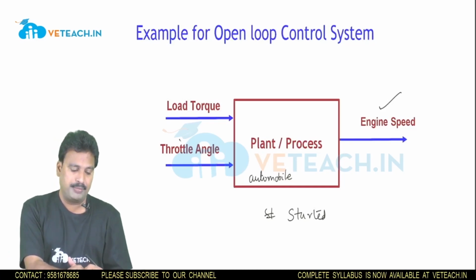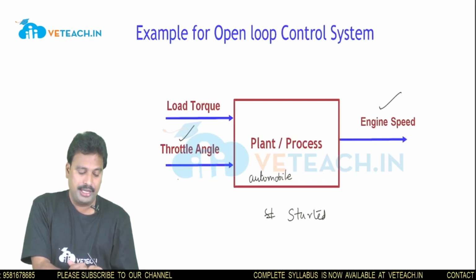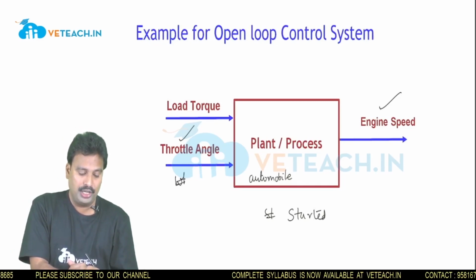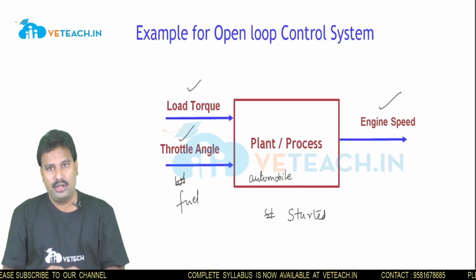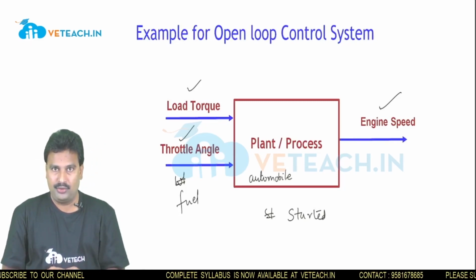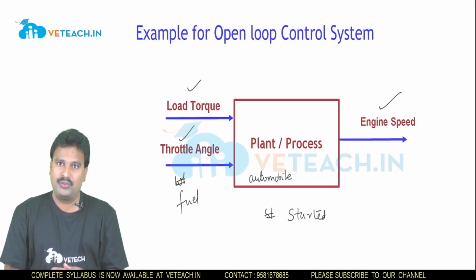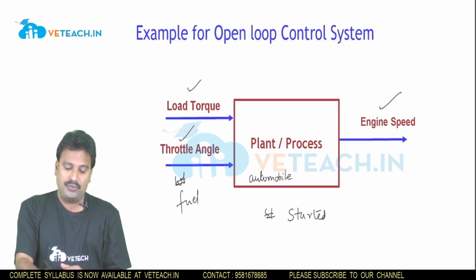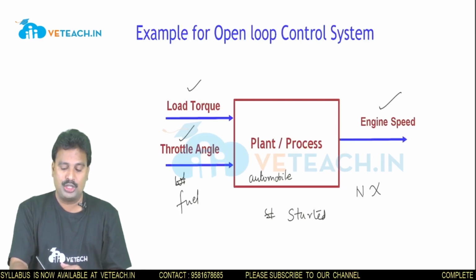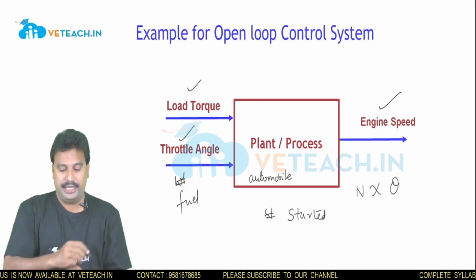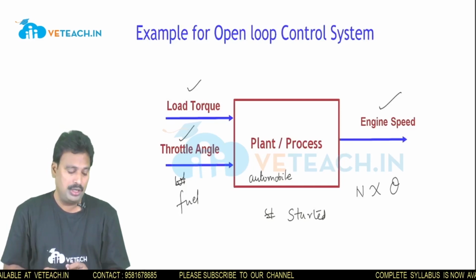The accelerator is identified with the throttle angle. It is nothing but which controls the fuel. Load torque is nothing but the amount of load that you put on the vehicle. So if you release the brake, the vehicle will move with a certain amount of speed. The amount of speed that you obtain is directly proportional to the throttle angle. So this is an example of an open loop control system.